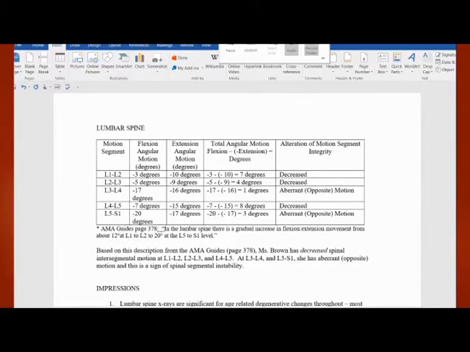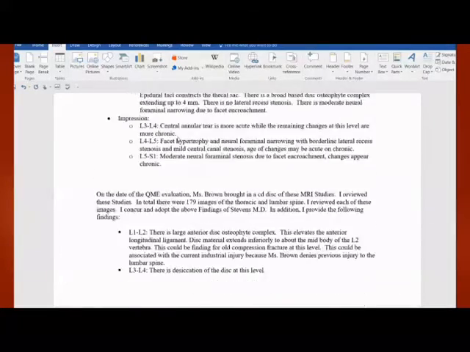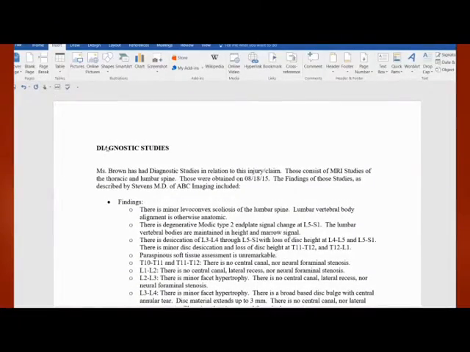Okay, so now let's take a look at the report of findings of these x-rays as it appears in the QME report. So just to review, we create an entirely new section in our QME report entitled Diagnostic Studies, and here's where you want to include the findings of all of the diagnostic studies that have been obtained up to the date and time of your evaluation.